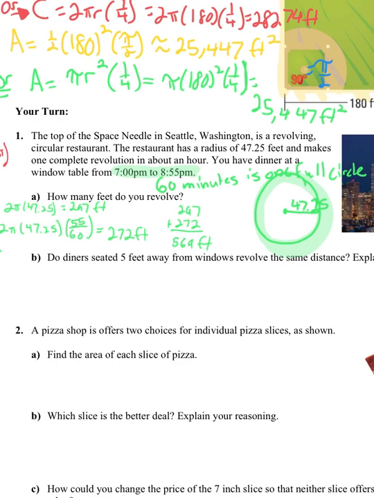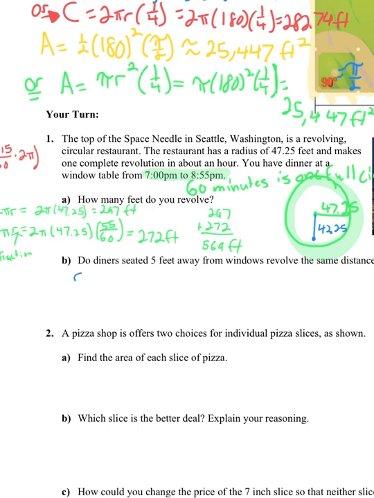The second part says, do diners seated 5 feet away from the windows revolve the same distance? So if they're sitting 5 feet in, their radius is going to be 42.25 instead of 47.25. And the simplest way to do that is to just look at circumference, 2 pi times 42.25, 2 pi r, and see what we come up with just for one revolution.